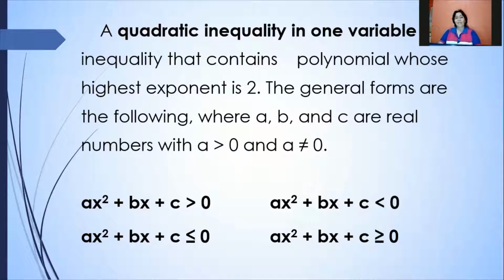Another one, ax squared plus bx plus c is less than or equal to 0. And the last one, ax squared plus bx plus c is greater than or equal to 0. Those are the 4 quadratic inequalities. You have to memorize them.